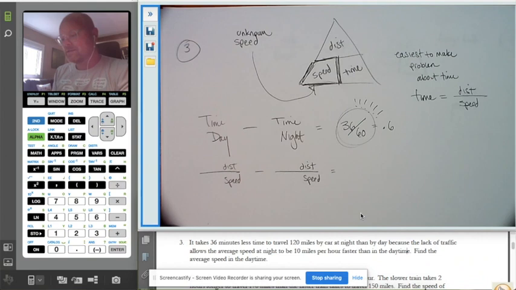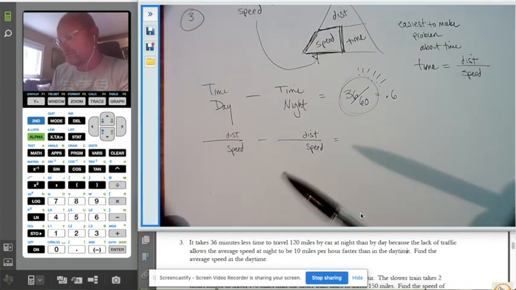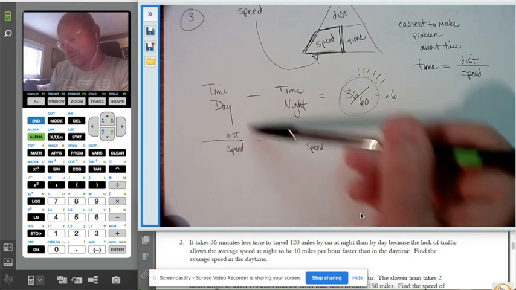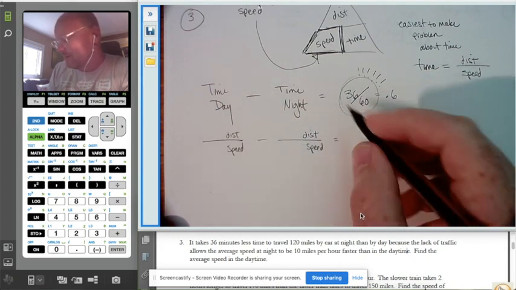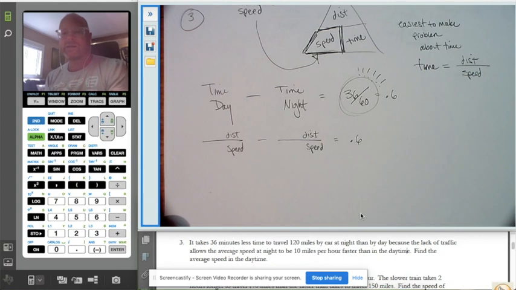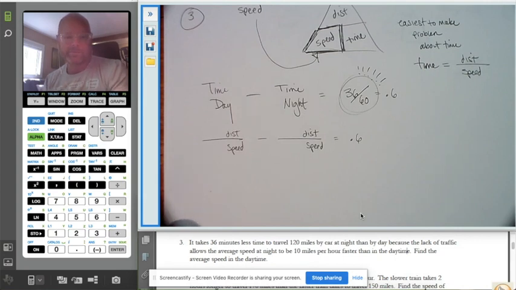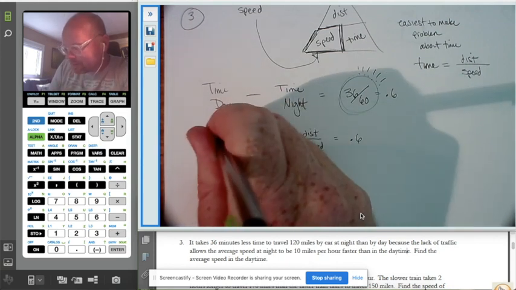The difference in those two times needs to be 0.6. I know it's weird talking about time as a fraction of distance over speed. So now we can start plugging in numbers. We already have the 36 minutes taken care of. What is the distance that we're traveling during the day? It says we're traveling 120 miles.